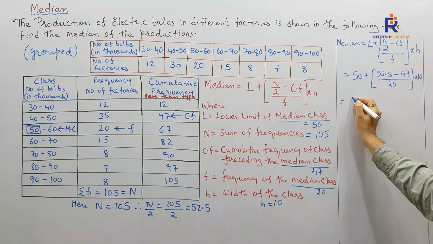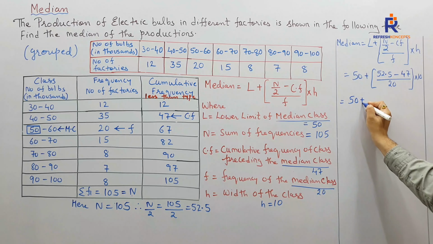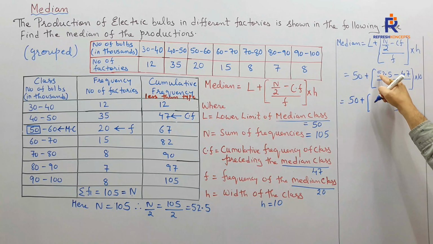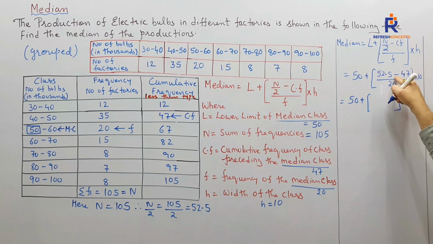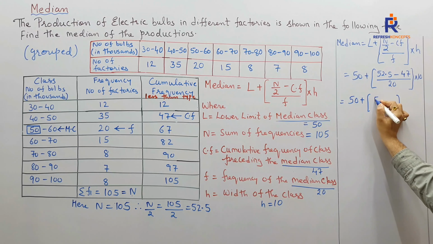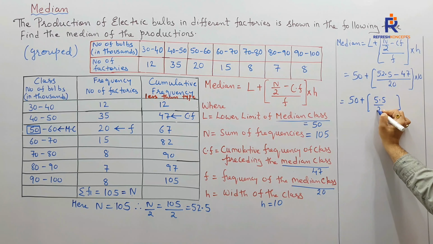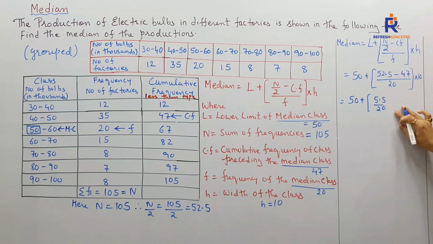Let's work out. 50 plus, let me solve this. 52.5 minus 47 is 5.5. 5.5 by 20 into 10.